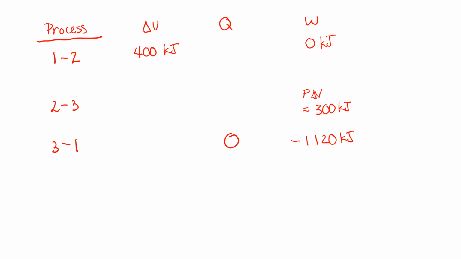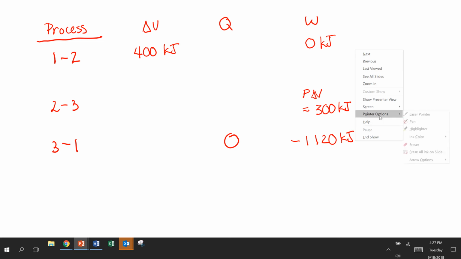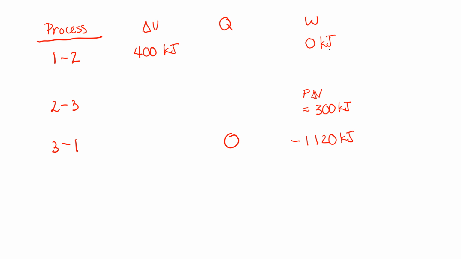At this point, let's remember our equations. Since it's a thermodynamic cycle, we know that the sum of all the delta U's is 0, because there's no ultimate change in energy.